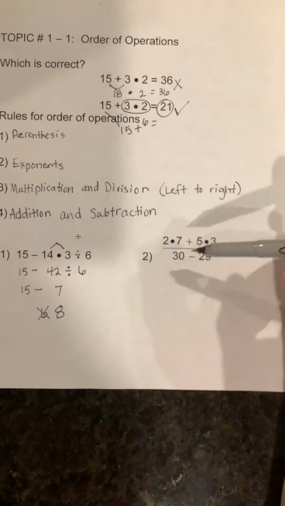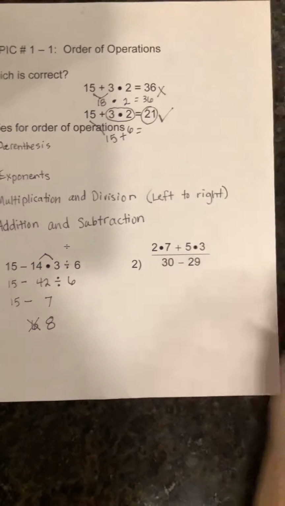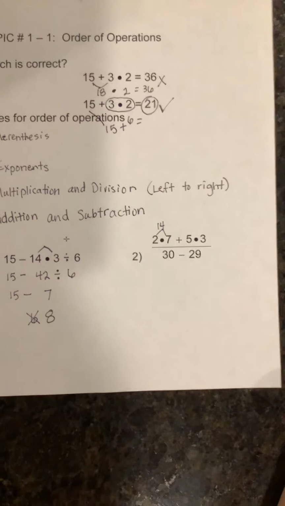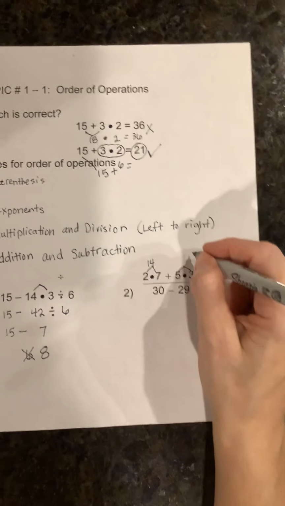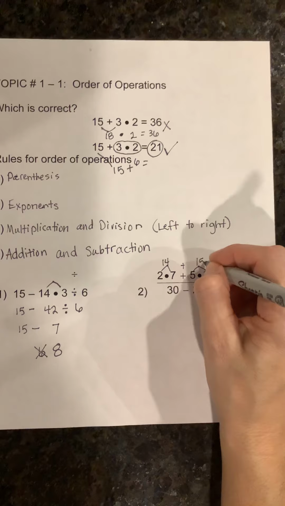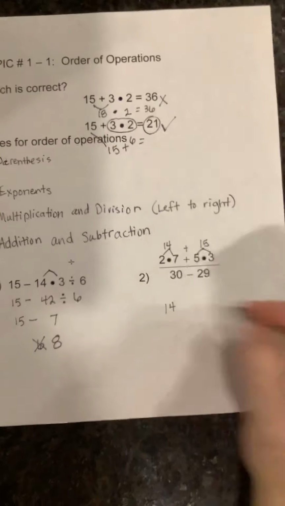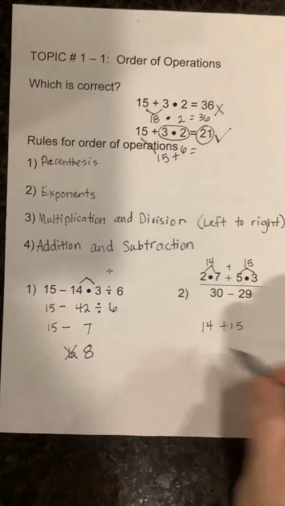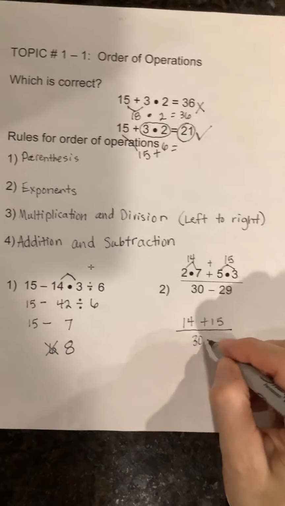So I'm going to start on top and work out what I have. So I have multiplication. I have 2 times 7 is 14. And 5 times 3 is 15. Okay, so I'm going to go ahead and bring that down. So I have 14 plus 15, and all of that goes over 30 minus 29.